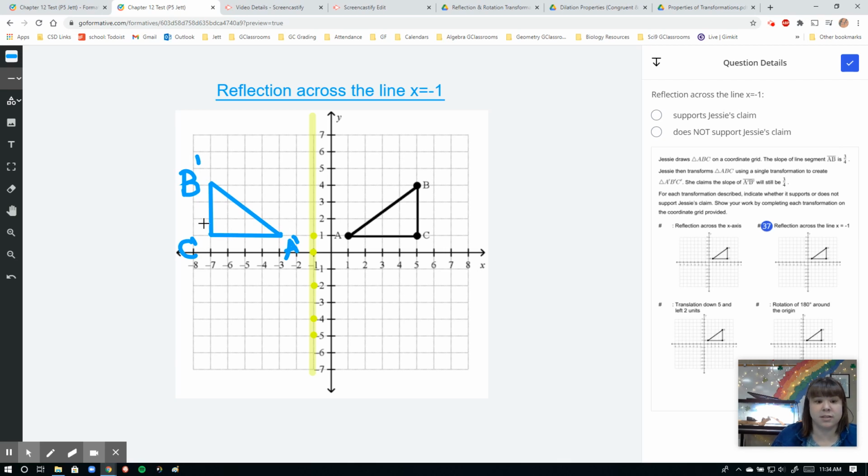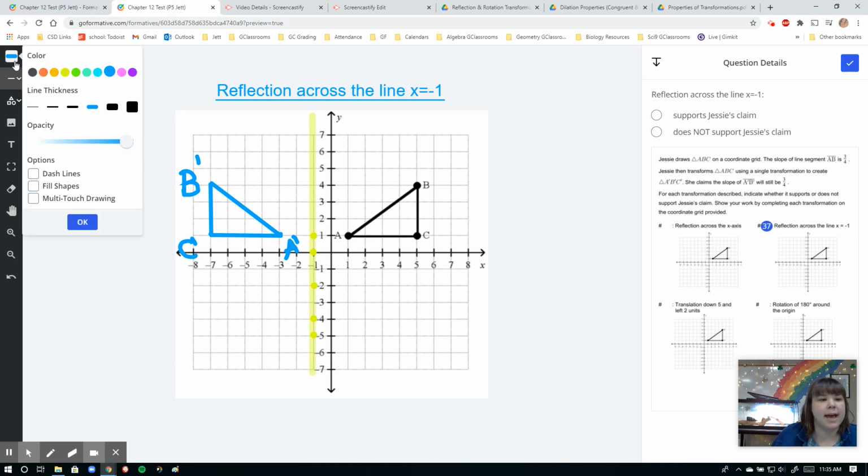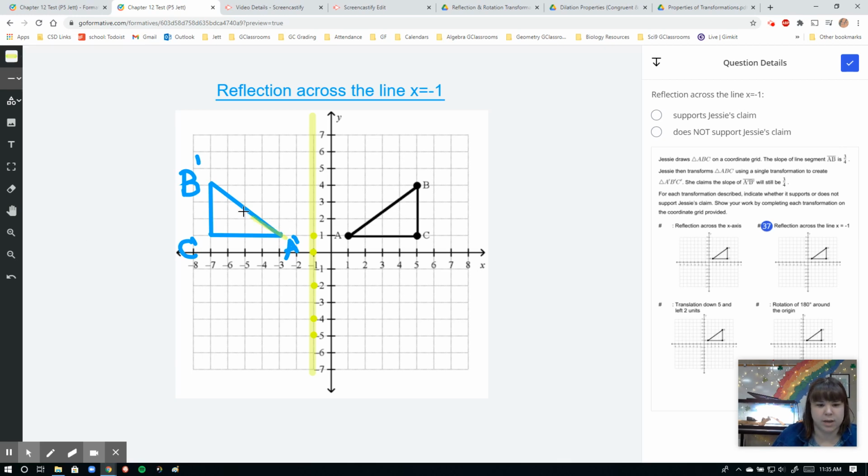So using this triangle, we're looking at the slope of the line segment A prime, B prime. Jesse says that if the pre-image slope is 3/4, and you reflect it across the line x equals -1, it'll be the same.